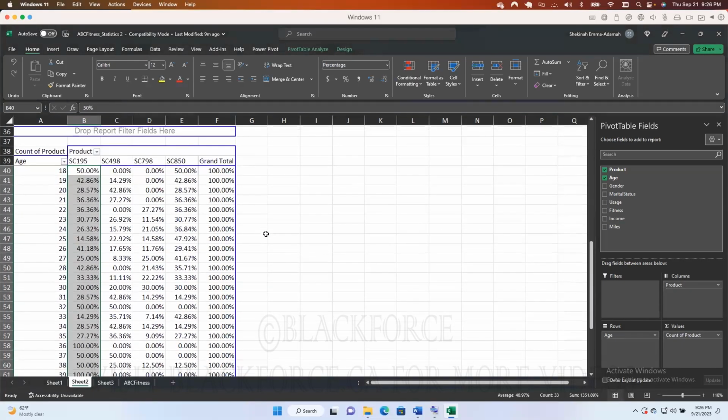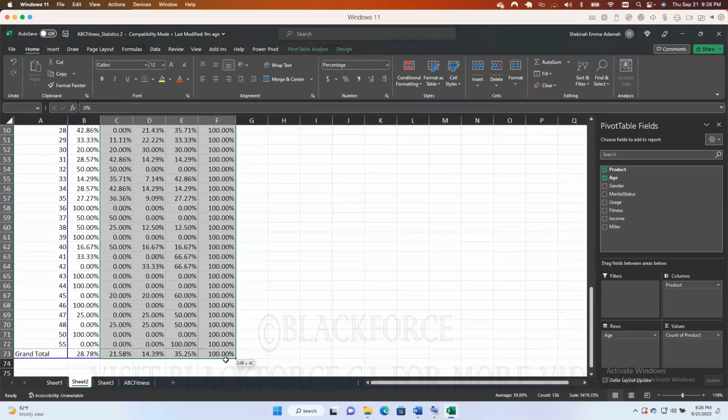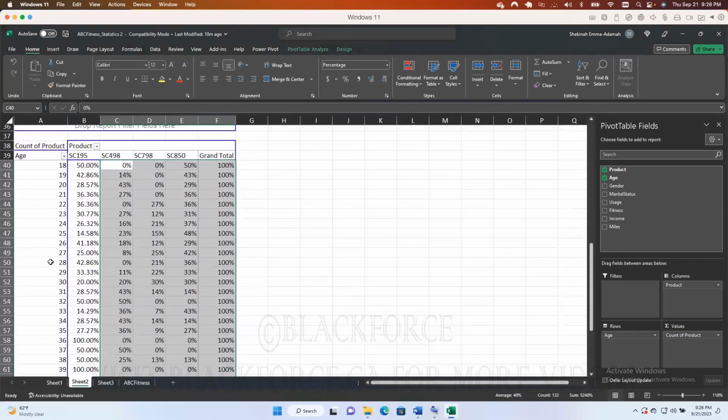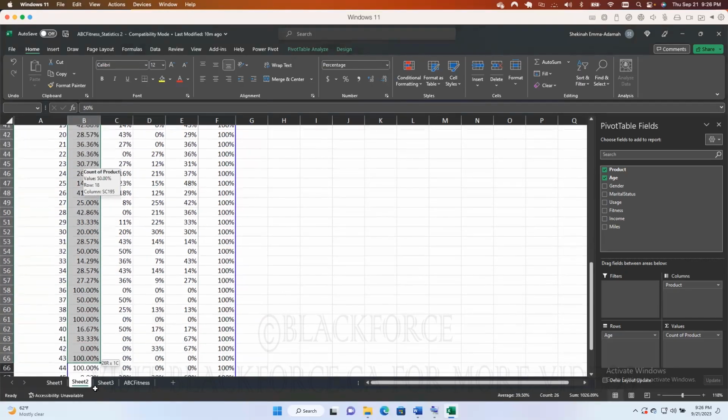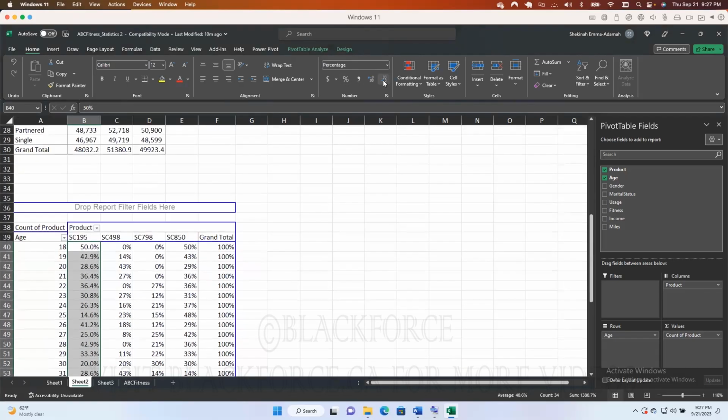Okay, so we said they liked 25-year-olds. Why I'm not filtering it out is because I want us to see if there's anything remarkable about them compared to others. So 25-year-olds seem to like one model now.